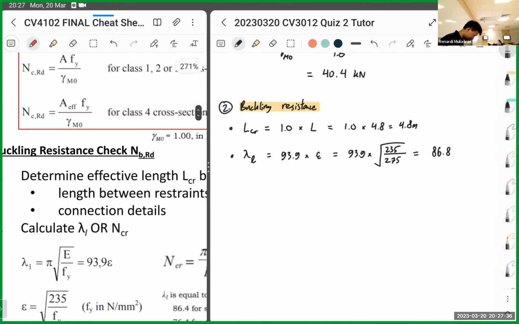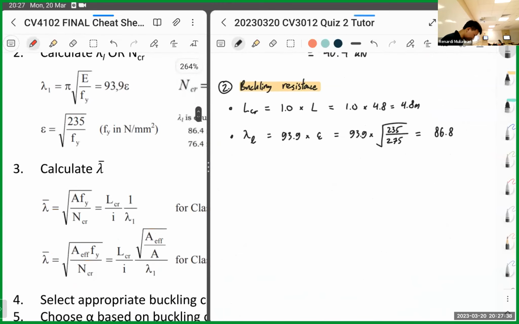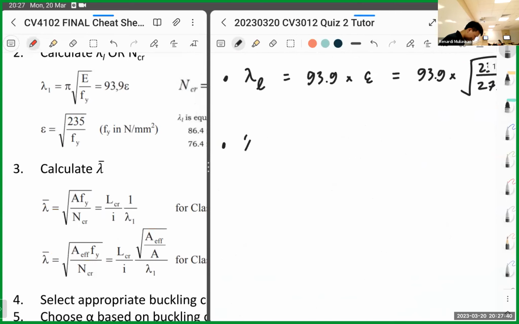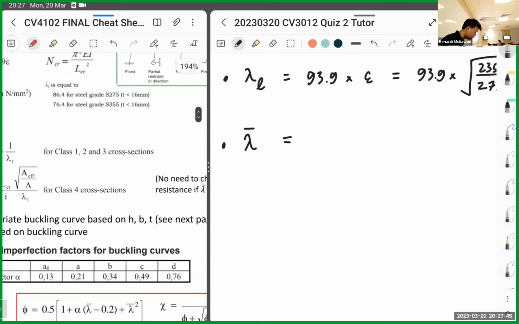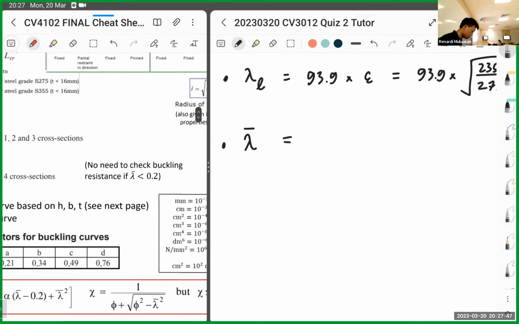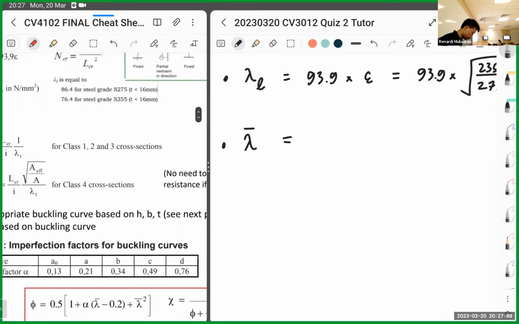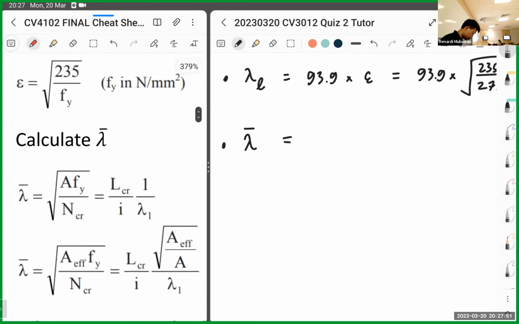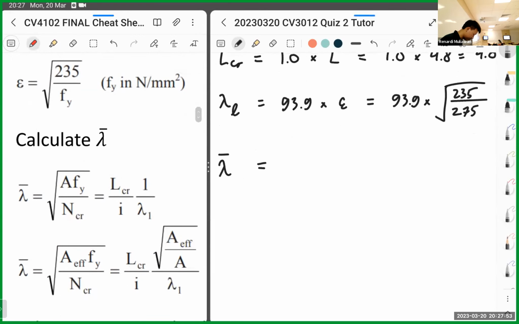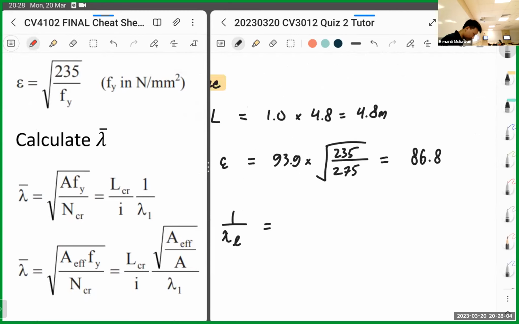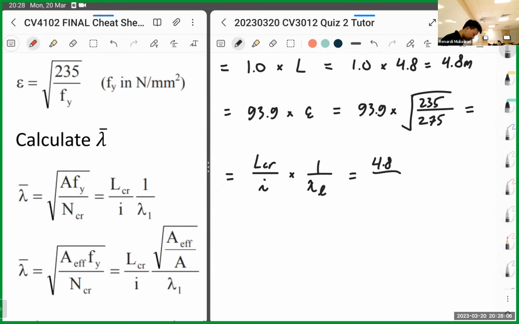Let's go to this one. The next step is to calculate this thing. So class 1, 2, and 3. We are set. It's class 1. So it's this one: LCR divided by i, multiplied by 1 divided by lambda L. LCR just now is 4.8. What's i?